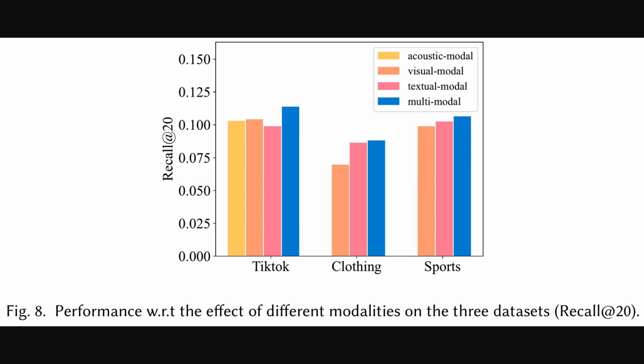Across all three datasets, TikTok, clothing, and sports, you can see the blue bar, representing the multimodal strategy, consistently achieves the highest recall at 20. This really shows that combining different types of information helps the model make better recommendations. It's also interesting to see that for TikTok, visual and acoustic features seem most influential individually, while for clothing and sports, textual data is more dominant.